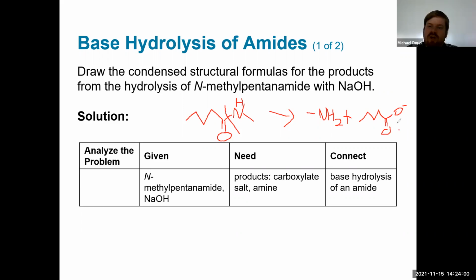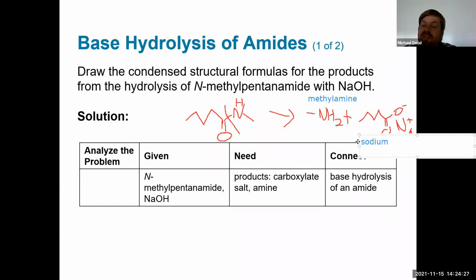Now to balance that charge, we have a sodium ion from the sodium hydroxide to form our salt. So if we're naming it, over here we just have a methyl group on an amine, so that's methylamine. And then down here, our cation is sodium, and our anion is pentanoic acid as a carboxylate. That's pentanoate. So sodium pentanoate and methylamine.